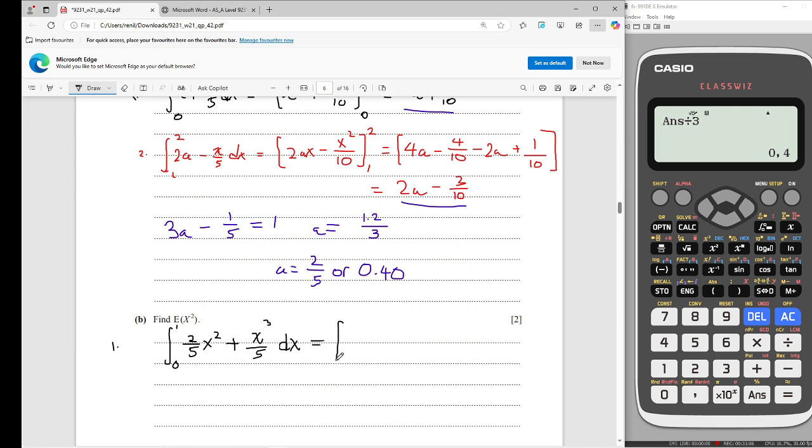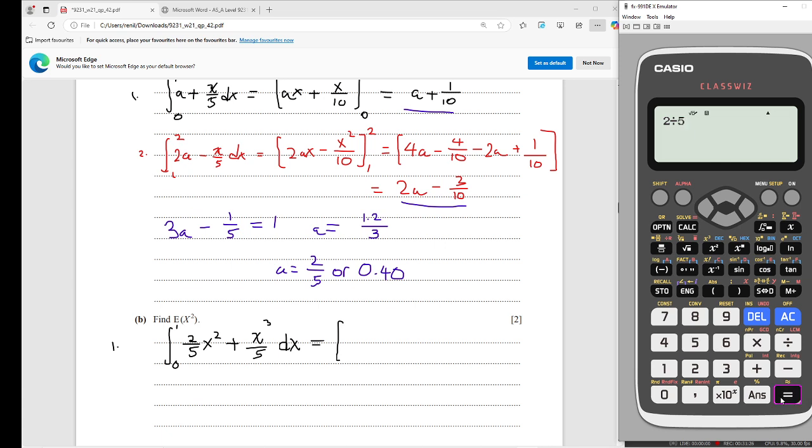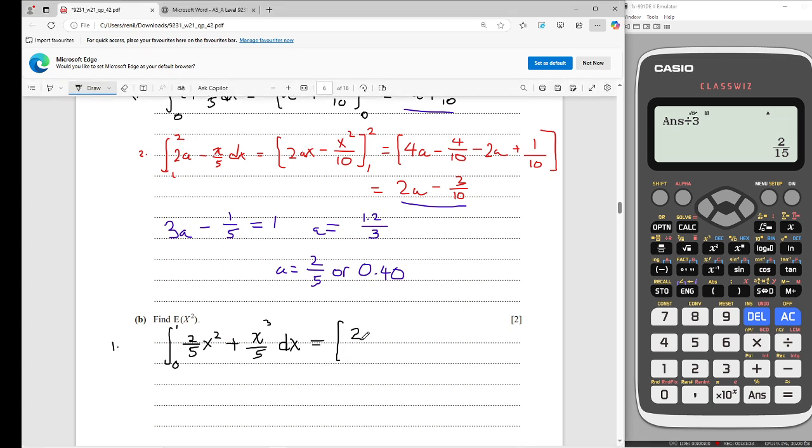Now we can just integrate this. When you integrate this, we get 3 times something. So 2 by 5, so 2 over 15. Okay, so I've got the fractional coefficient for the first one.